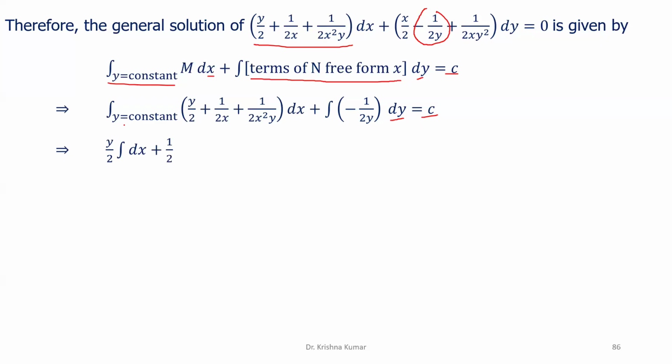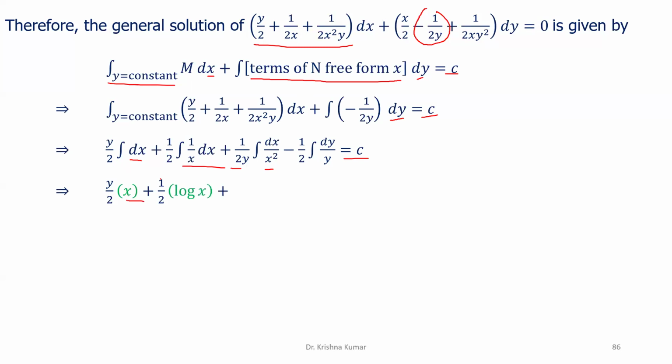Now, y by 2 we can take outside because y is constant and 2 is also constant. So integration of dx plus 1 upon 2 we can take outside, integration of 1 upon x dx plus 1 upon 2y can be taken outside, integration of dx upon x square minus 1 upon 2 we can take outside, integration of 1 upon y with respect to y equal to c. Now we know the integration of dx is x. Integration of 1 upon x is log x.